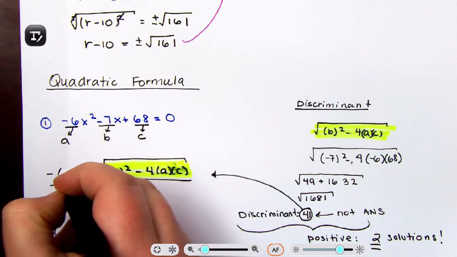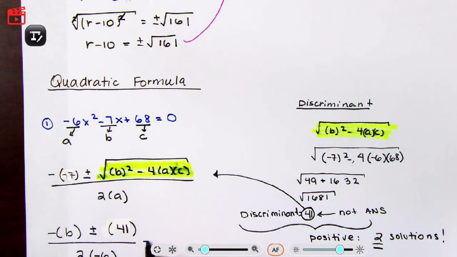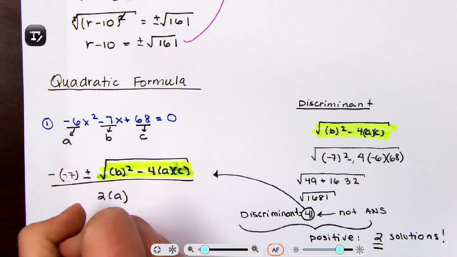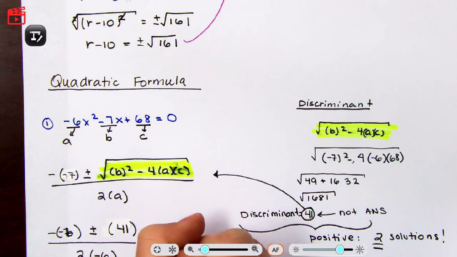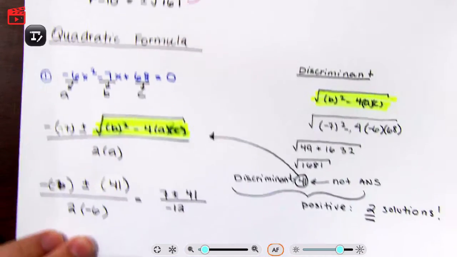So you have 2 negatives here. This should be a negative 7. So I have a positive 7 plus or minus 41 divided by negative 12. Now I am running a little bit out of space, so I'm going to shift to another sheet of paper.